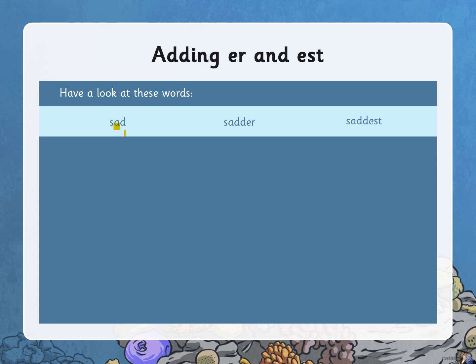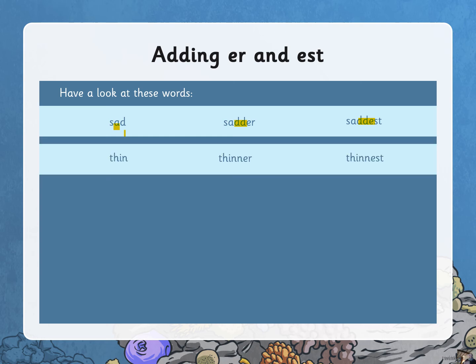Can you see what's happened? Have a look at another one. Thin, t-h-i-n. I is a short vowel sound. Can you see what's happened?